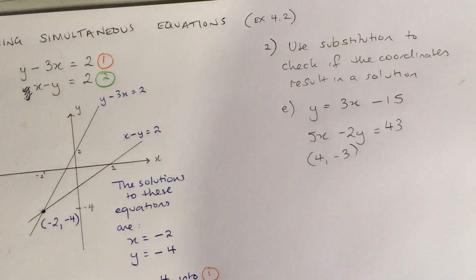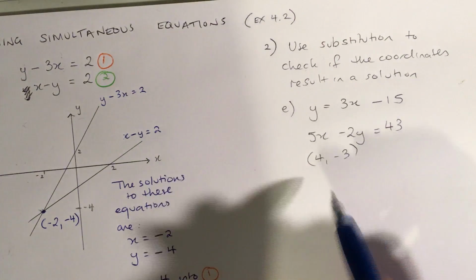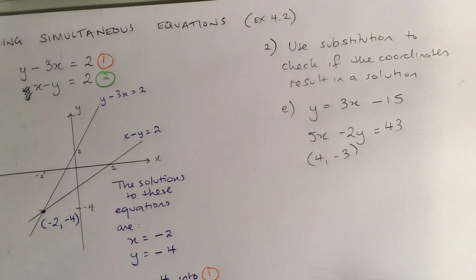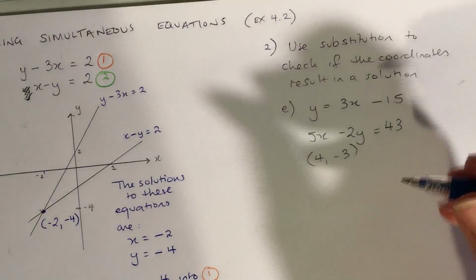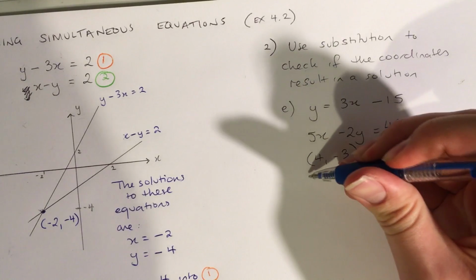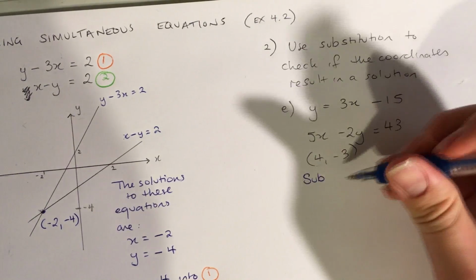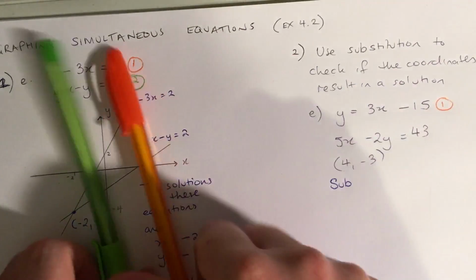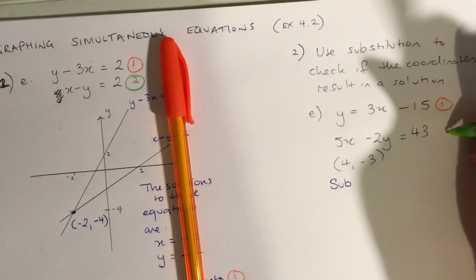Question 2 of exercise 4.2 is all about asking if I substitute these coordinates into these equations, will they be the same? So what I'm going to do here is substitute, and again I'm going to label these. I like to color code, not just because it's pretty, but also so I remember which one's which.